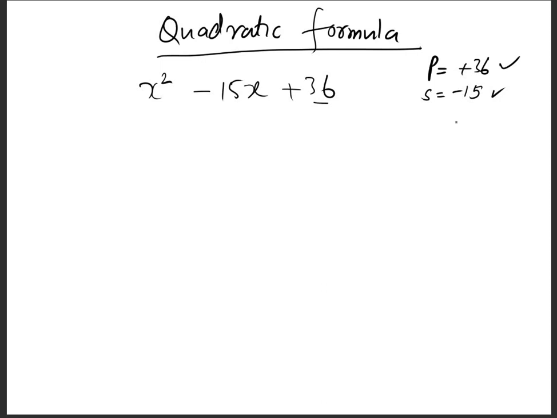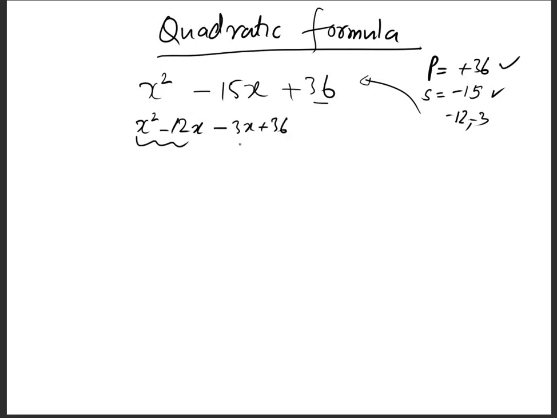So the two numbers that would hit this particular equilibrium will be 12 and 3, ideally negative 12 and negative 3. And then you can plug this back into this equation to go via your regular factorization. So I'll say x squared minus 12x minus 3x plus 36.